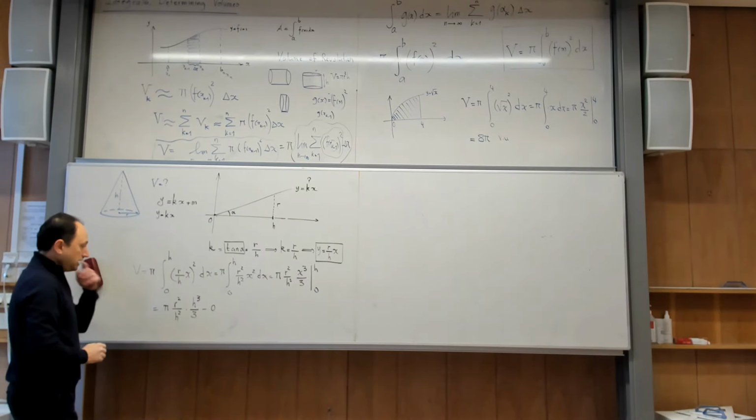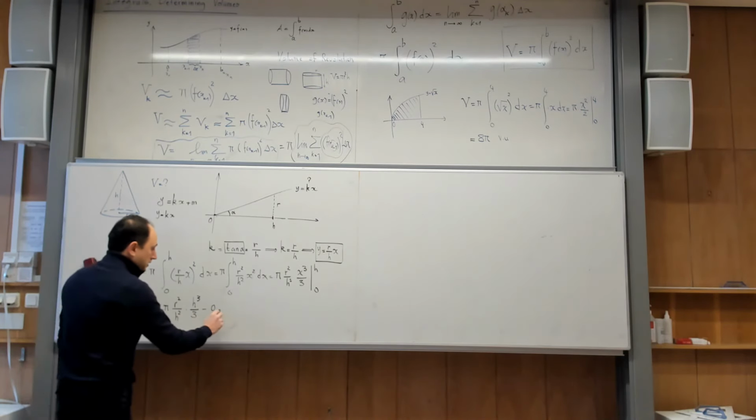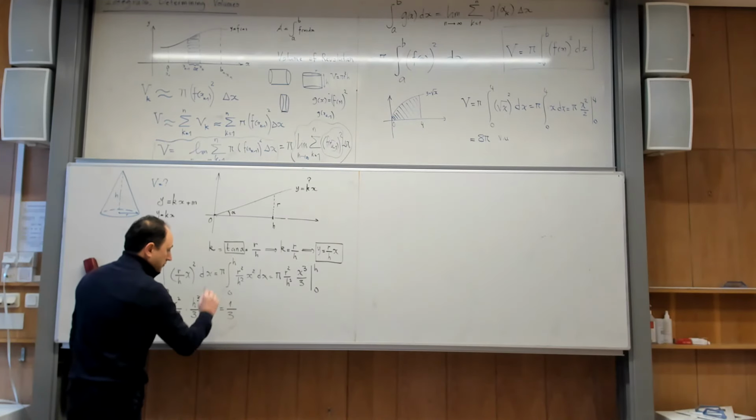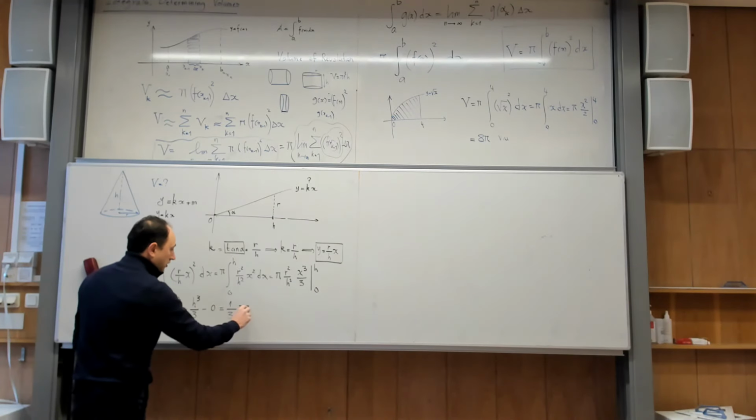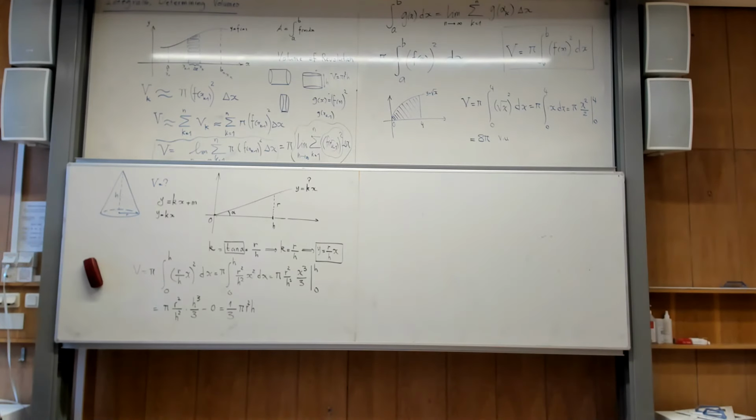But h to the power of 3 and h to the power of 2 cancel each other, and only one h is left. And I have 1 over 3 here. So let me write it clean: 1/3 pi r squared h. And that is the famous formula for the volume of a cone. Yes? Any questions?